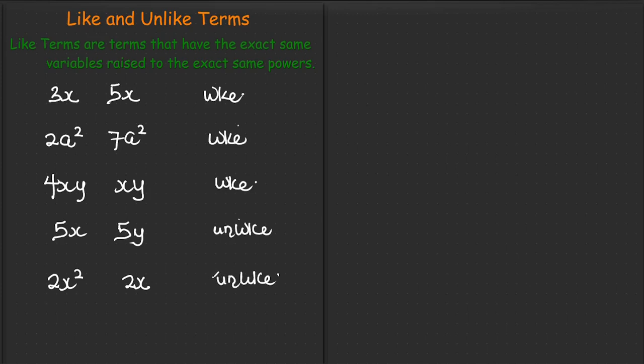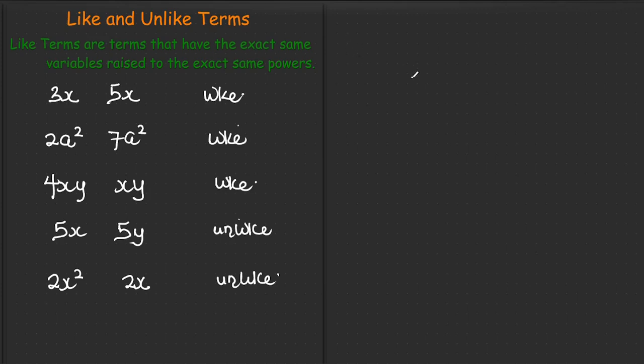Hence, for two or more terms to be like, we said they should have the same variables, and also the powers on the variables should be the same. One might ask, is there even a need for us to know these like and unlike terms?